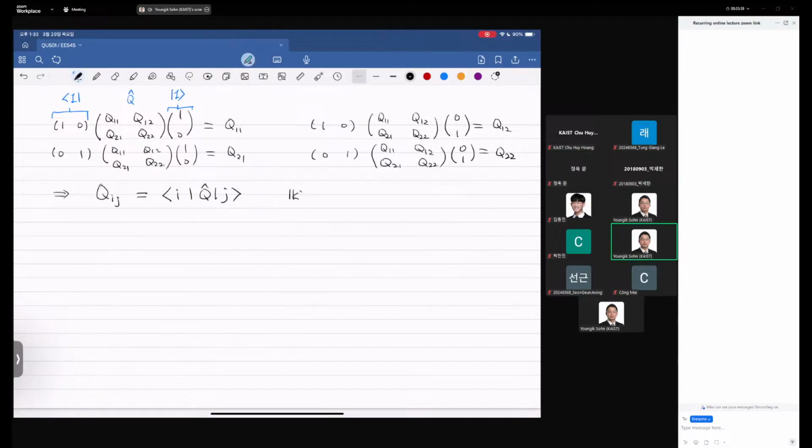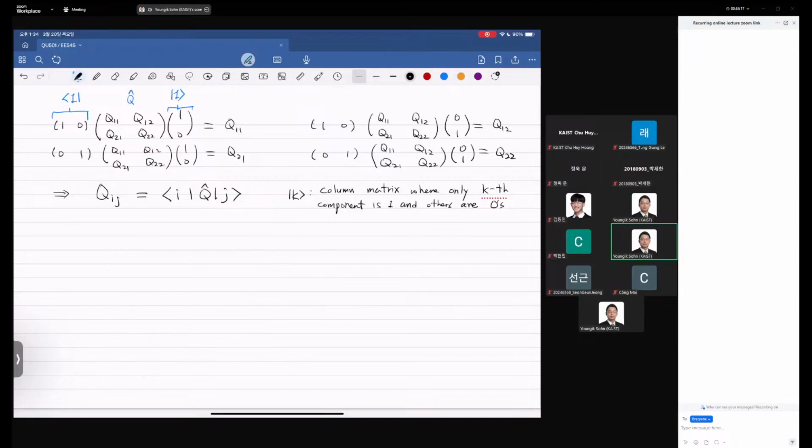And |k> is a column matrix where only the kth component is 1 and the others are zeros. Okay, so this is a notation.